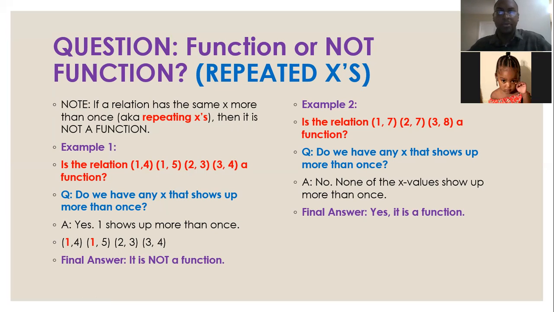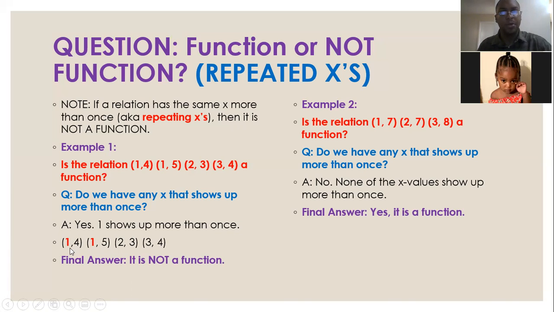Well, what's the answer? Yeah, 1 shows up more than once. If you wanted to, you could label it x, y, x, y, x, y, x, y, and you would see it pretty obviously. You can look at it, you can tell. You're smart people. You can see that 1 shows up more than once.